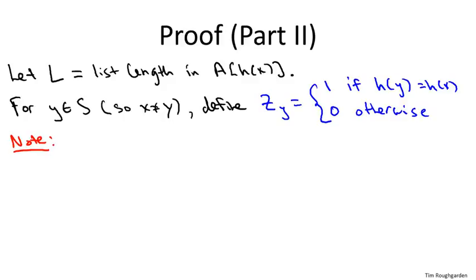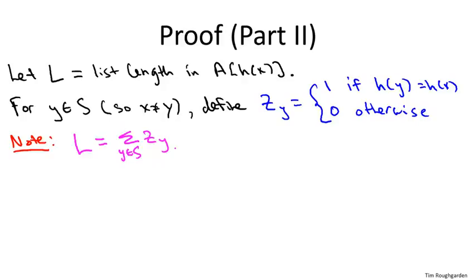Now, here's what's cool about these random variables: capital L, the list length that we care about, decomposes precisely into the sum of the Z sub y's. That is, we can write capital L as being equal to the sum over the objects y in the hash table of Z sub y. If you think about it, this equation is always true, no matter what the hash function h is.